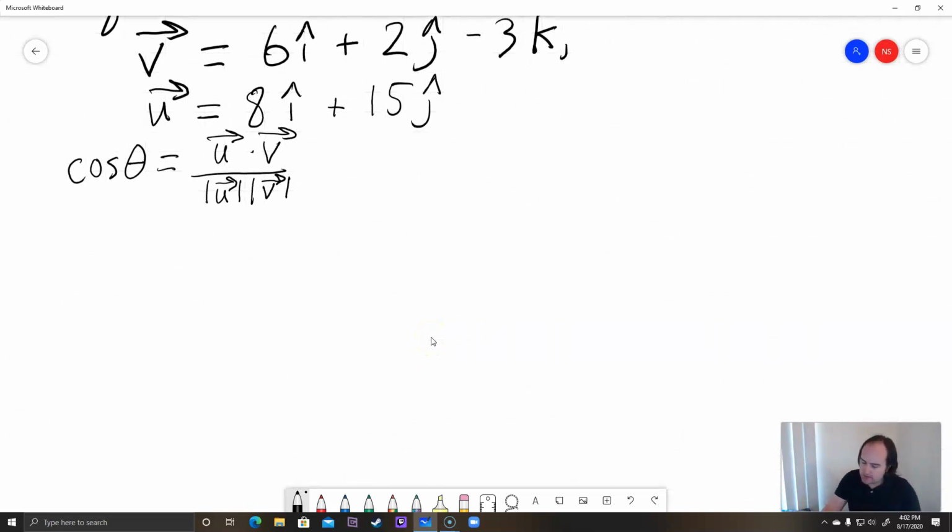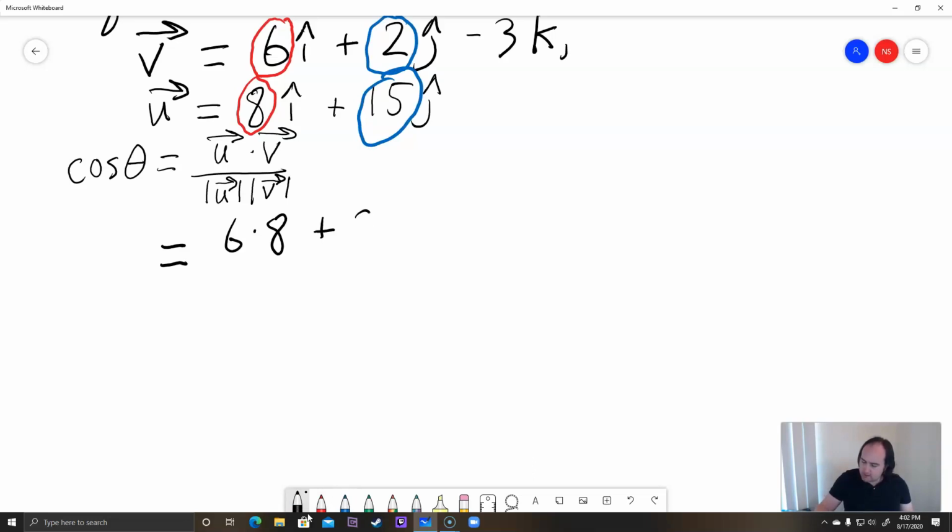So I'm going to go ahead and try to do this all at once. Some people would write it out in more steps, but I like to do it all at once. So let's do u dot v first. So u dot v is going to be the first components multiplied together, so that's going to be 6 times 8, plus the second components multiplied together, so that's going to be 2 times 15.